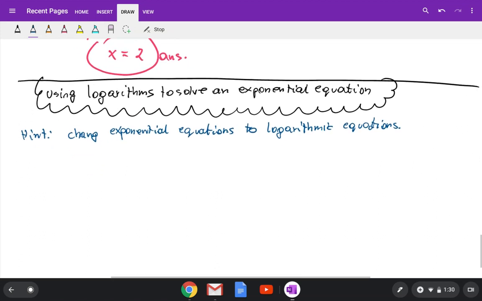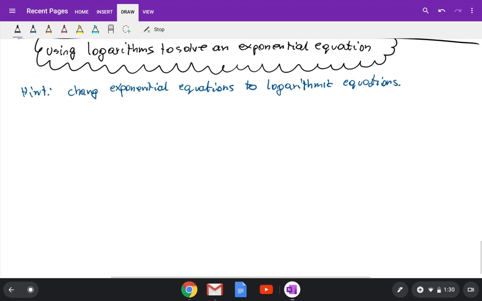Okay, let me show you how to do it using some examples from your textbook. This is number 101 from page, I think, 451.